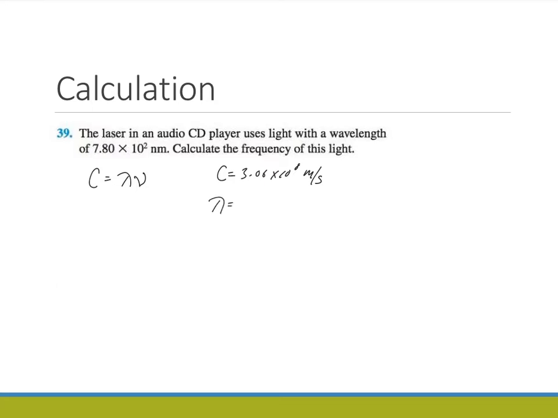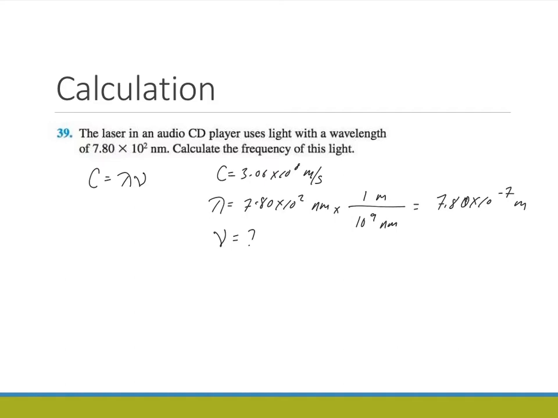The wavelength we have is 7.80 times 10 to the second nanometers. Well, I want to convert that to meters. 1 meter is 10 to the 9th nanometers, and this gives me 7.80 times 10 to the minus 7th meters. And we want to find nu.